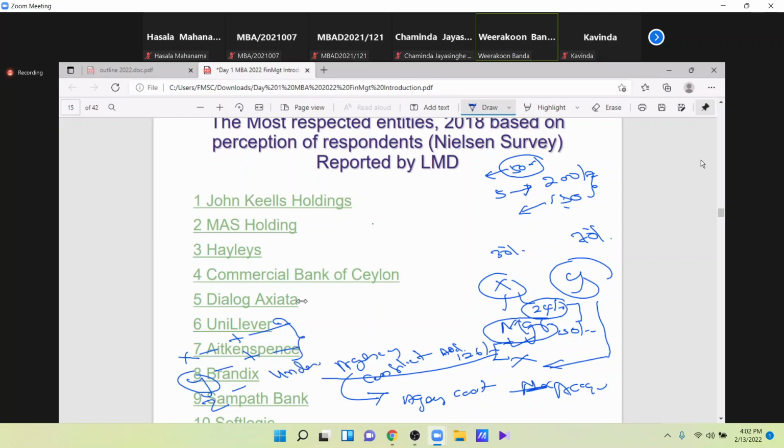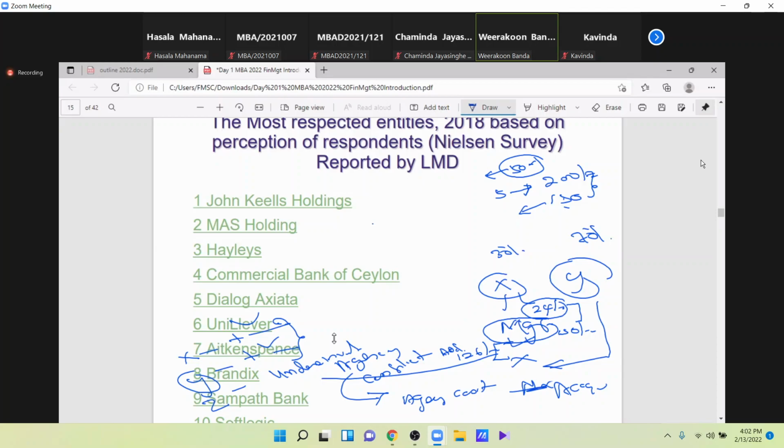Underinvestment. The appropriate one is project X, but they have accepted project Y. So if they have accepted that kind of inappropriate investment, there can be underinvestment, and ultimately the actual result could be losses.